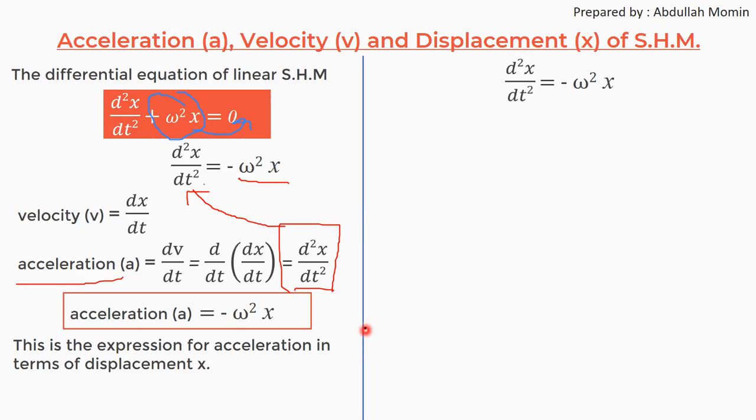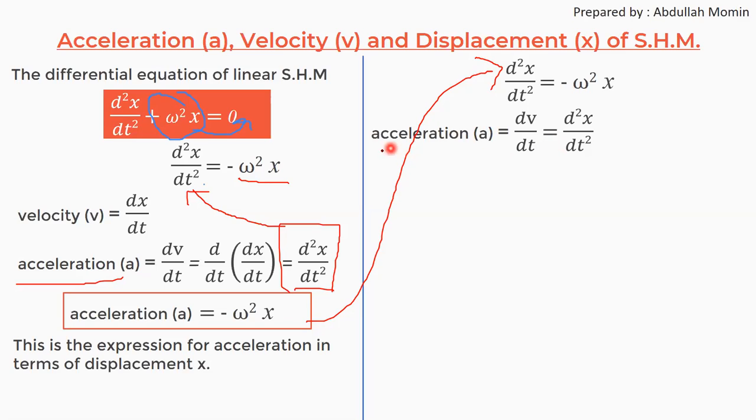Now in order to find the velocity, we know that acceleration is d square x upon dt square is equal to minus omega square x. But acceleration is also the rate of change of velocity. So rate of change of velocity is acceleration and minus omega square x is also acceleration.